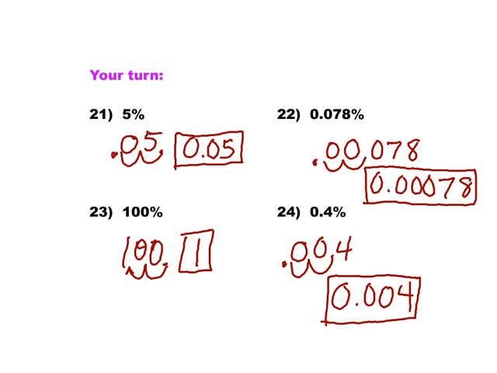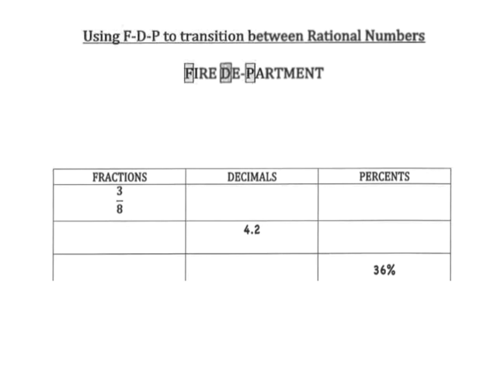Okay, now we're going to make use of the system of Fire Department to transition between fractions, decimals, and percents. When you're doing fractions, it's simply a division problem. Numerator divided by denominator will give you your decimal.